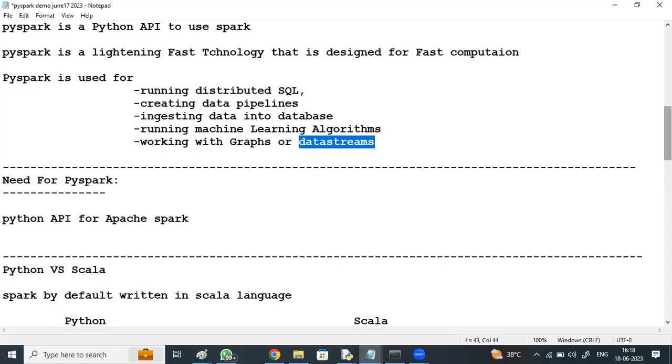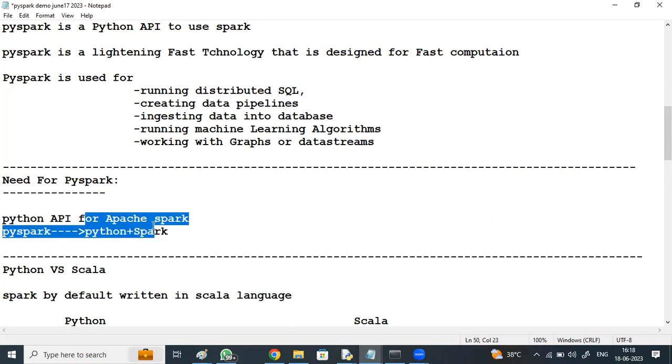PySpark is such a tool, a combination of Python and Spark. What is PySpark? It is nothing but Python plus Spark. Spark is an execution model implemented by using the Python language, the Python API for Apache Spark.